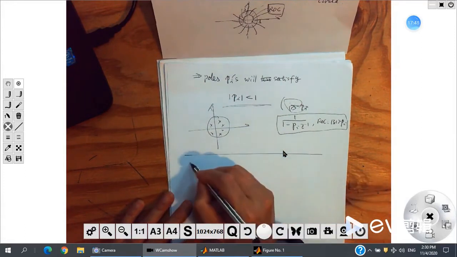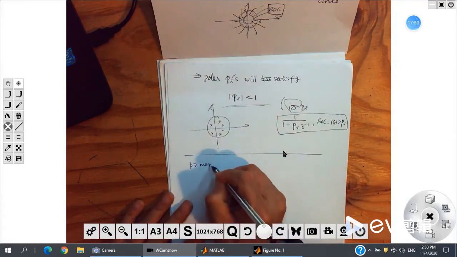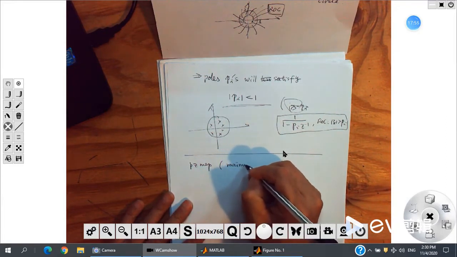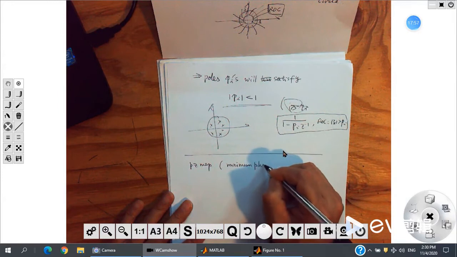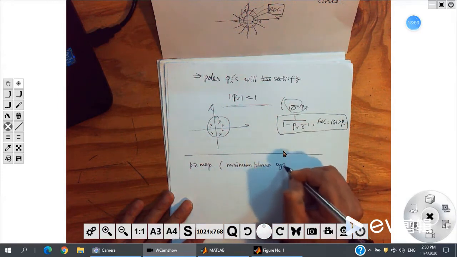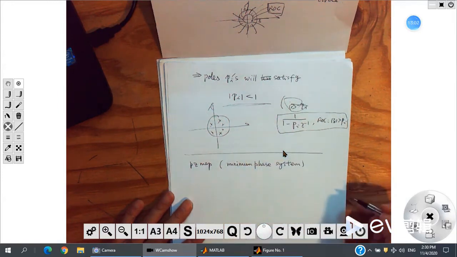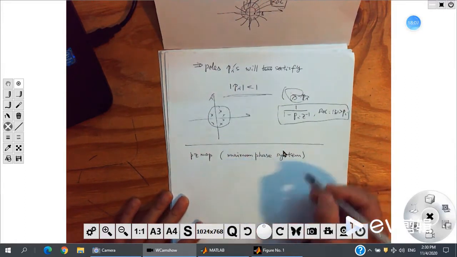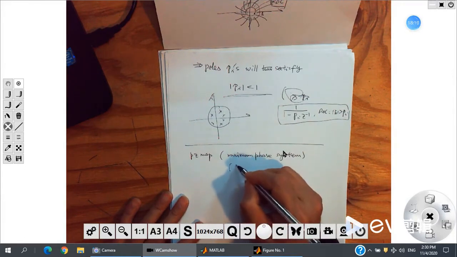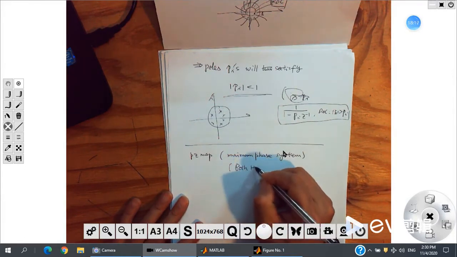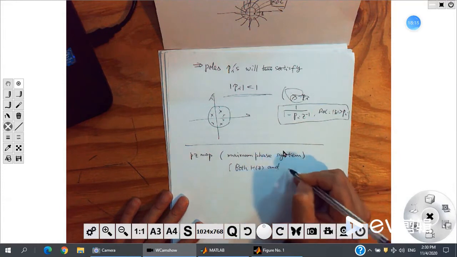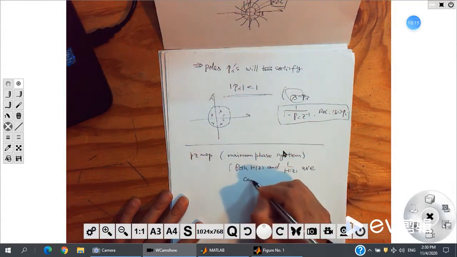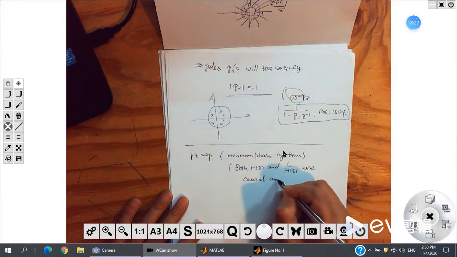Now we consider the pole-zero map of the minimal phase system. What is a minimal phase system? Last time I introduced it, right? A minimal phase system means both H(z) and 1 over H(z) are causal and stable.